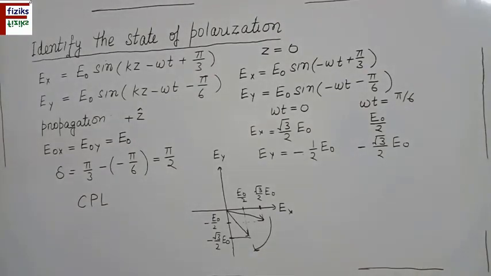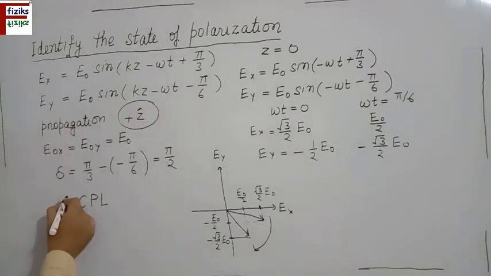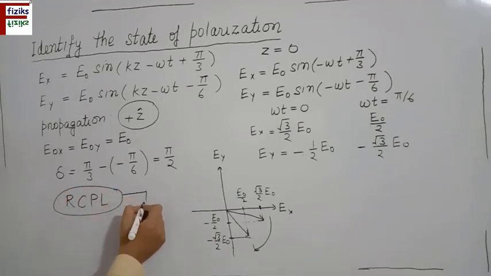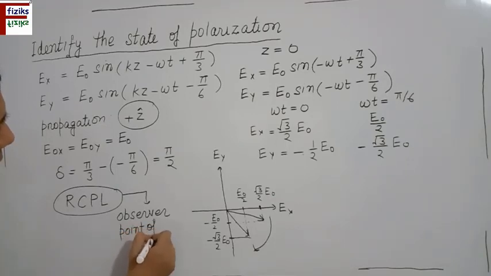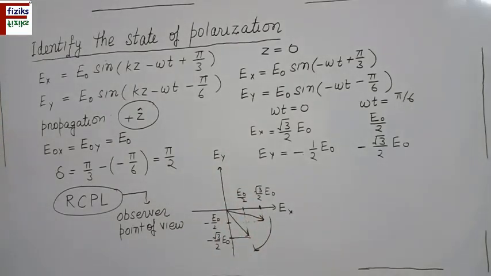So the electric vector is rotating in the clockwise direction, and at the same time light is propagating in the z direction. So this will be right circularly polarized light from the observer's point of view. I am repeating that whatever you observe on the Ex Ey plot is the observed polarization of light coming towards that person.